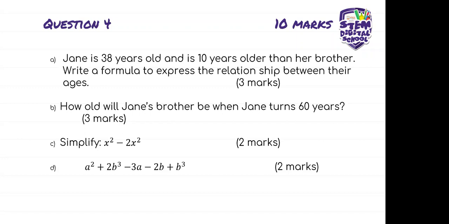Right. Cheryl, I agree with you. If Jane is 60 years old, all that you need to do to get the brother's age is to subtract 10. It becomes easier when you have the equation, such as 38 minus X is equal to 10. All right. So 38 is, in this case, the age of Jane.